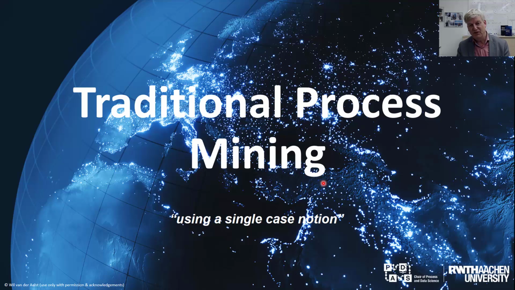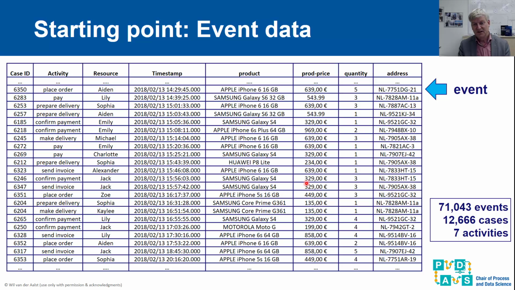So this was top down. Now I go bottom up, and I'm going to first talk about what is traditional process mining, and then show how object-centric process mining is extending this. If we look at raw, plain event data, then you can think of an event as something that has happened in reality. This can be represented by, for example, a record in a table or a row in a spreadsheet, as you can see here.